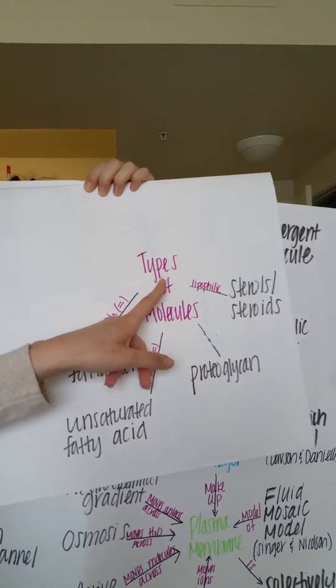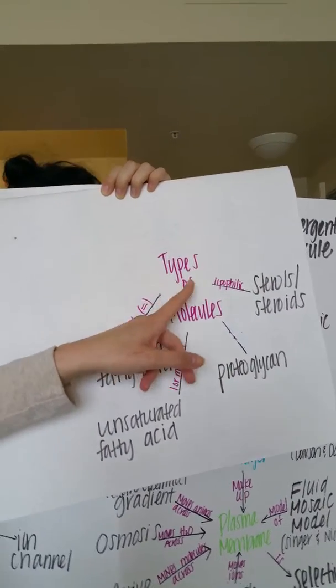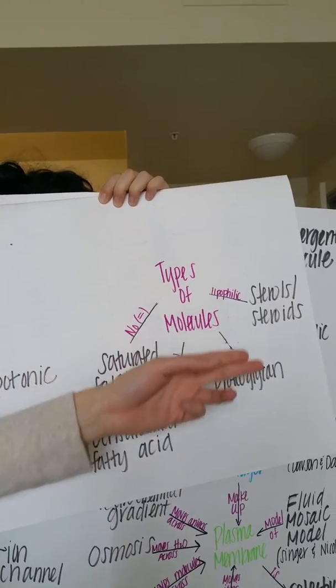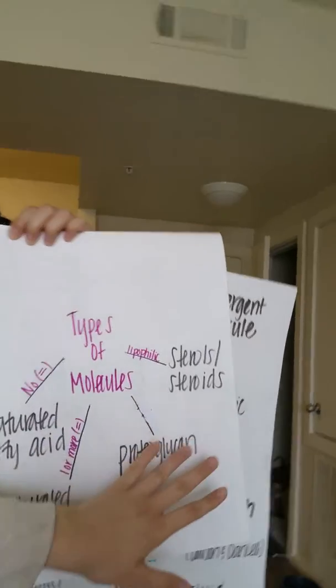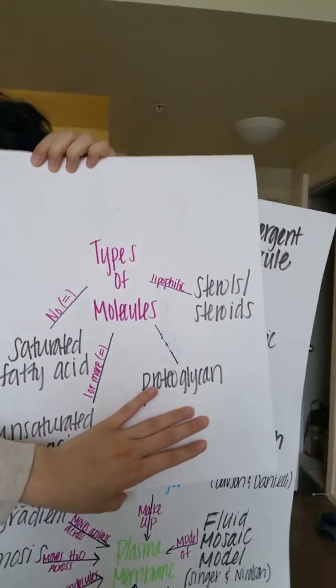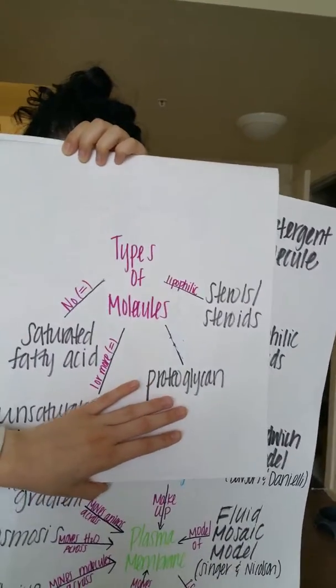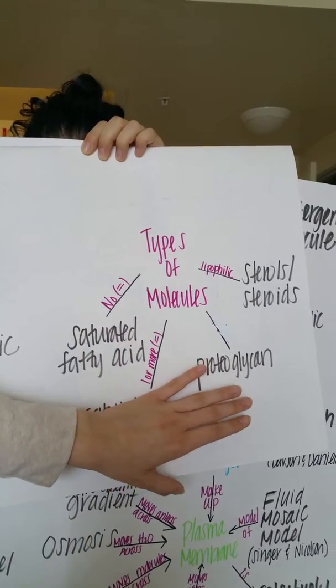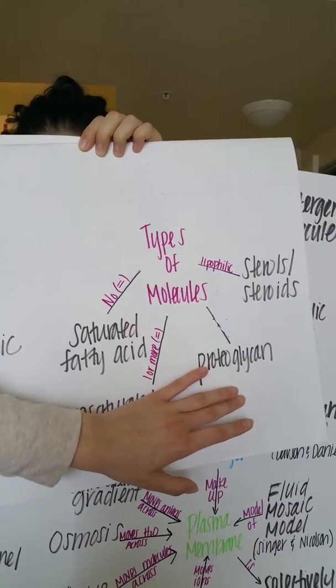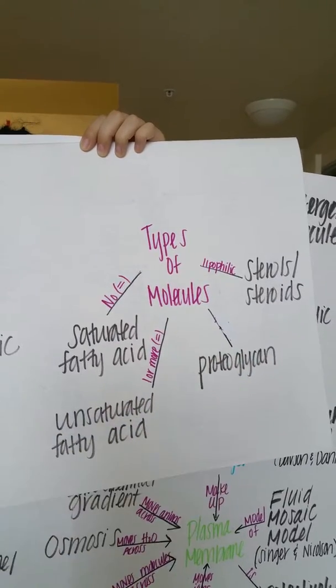So this will be things such as cholesterol, which acts as a precursor for hormones such as estrogen and testosterone. And then here we have our proteoglycan molecule, which is a molecule made up of one or more glycosaminoglycan chains attached to a core protein. And that is my concept map for membrane structure and function.